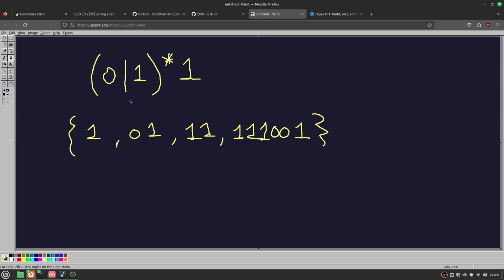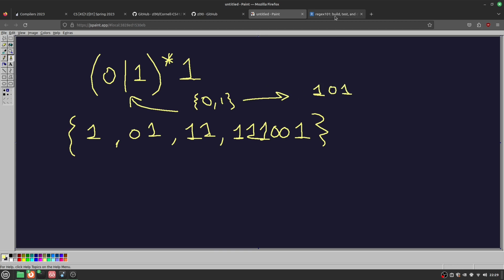Let me double check that. I can't remember. So that specifically there is the set of 0 or 1, 0 and 1. Can that equal something like that? I can't remember.